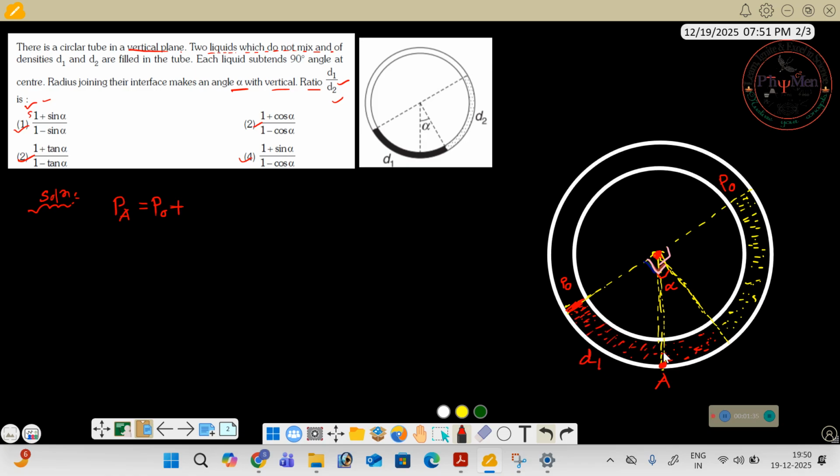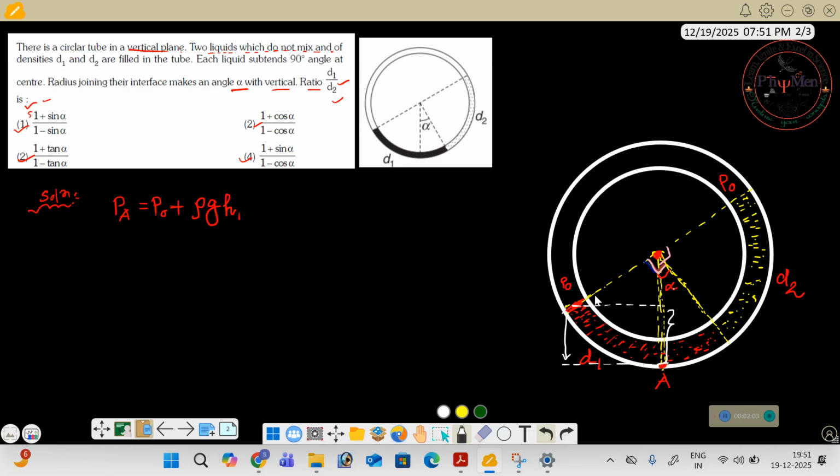The density of this one is D1 and the density of this one is D2. So P0 plus rho g h1. Here h1 is the height from this to this. So we need to find out this height.